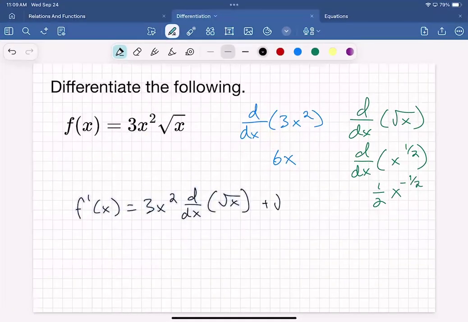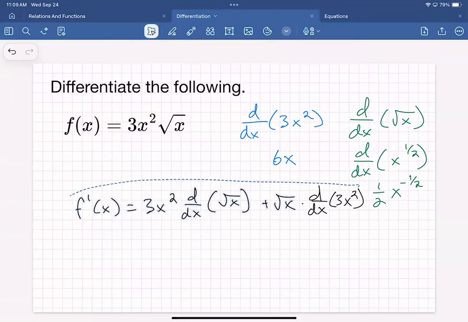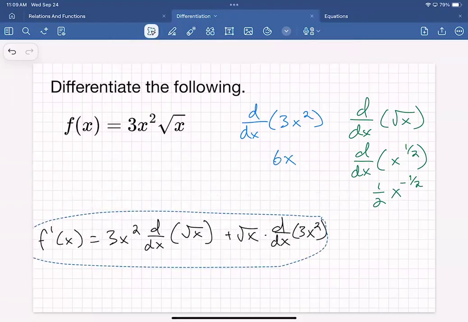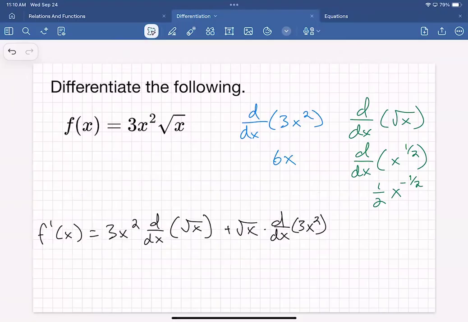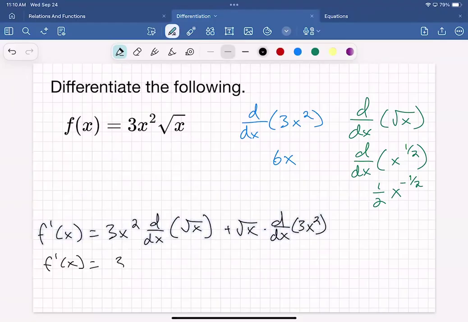Plus the second factor times the derivative of the first factor. With that in place, we have 3x squared times 1/2 x to the negative 1/2 plus x to the 1/2 times 6x.